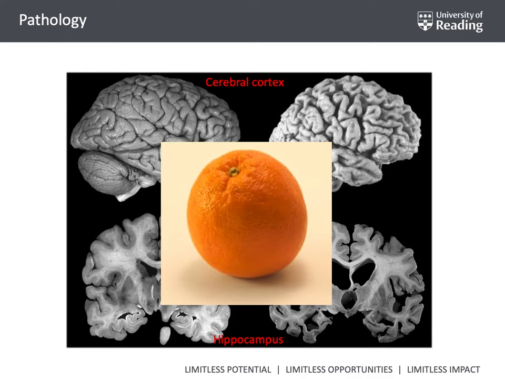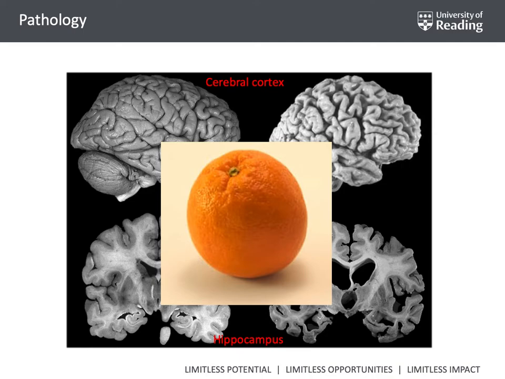So if you think about how much the average adult brain weighs, does anyone know how much an adult brain weighs? Anyone hazard a guess? Who thinks it's more than 10 oranges? 300 grams. Who thinks it's higher than 300 grams? Who thinks it's lower than 300 grams?